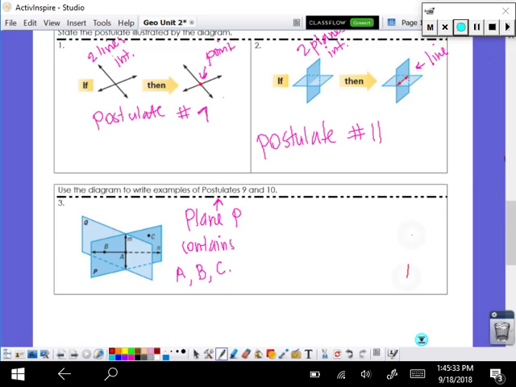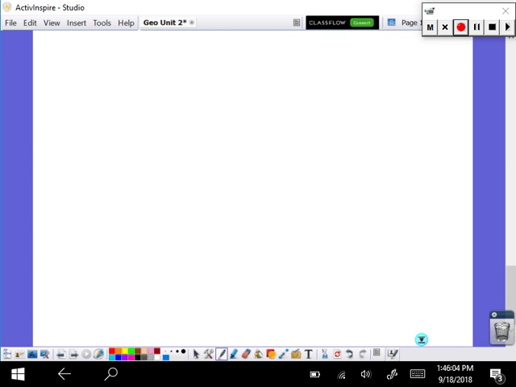So I see that line N contains A and B. I also know that plane P contains points A and B. So since plane P contains those 2 points and line N contains those 2 points, I know, oh shoot, did it disappear?